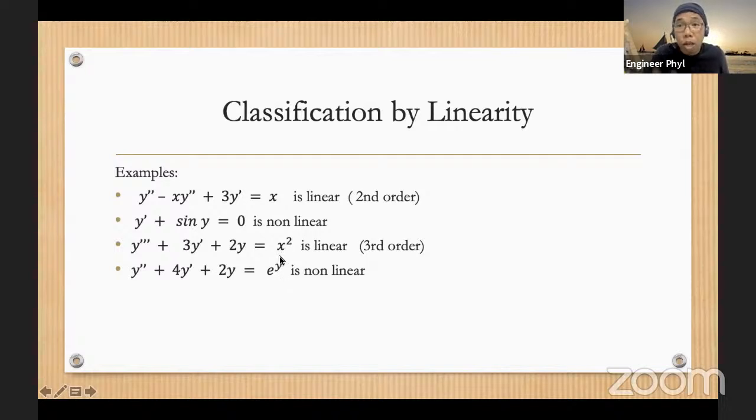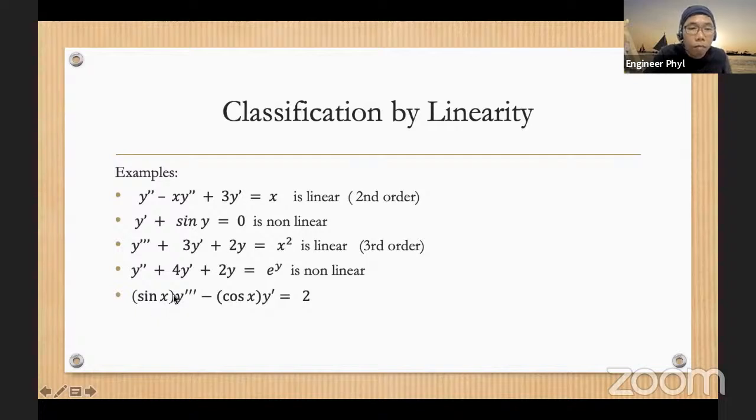The right side should be a pure function of the independent variable. Although the power of each term of the derivative of y, including the unknown function, is 1, the exponential function on the right side of the equation makes this a nonlinear ODE.